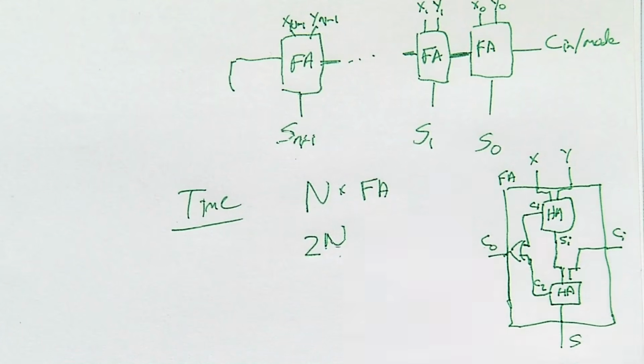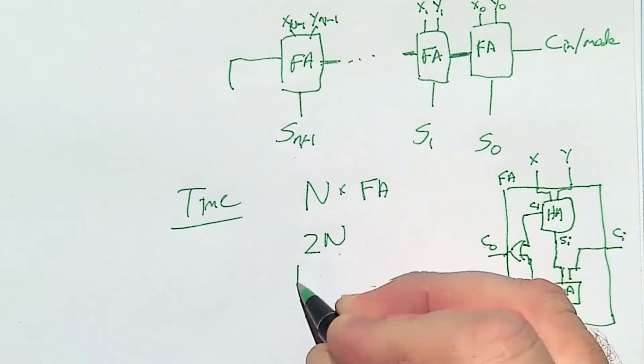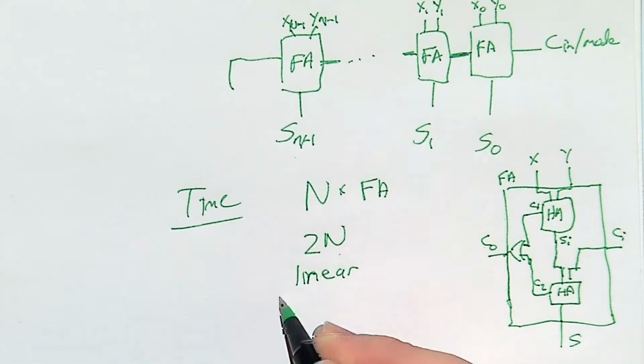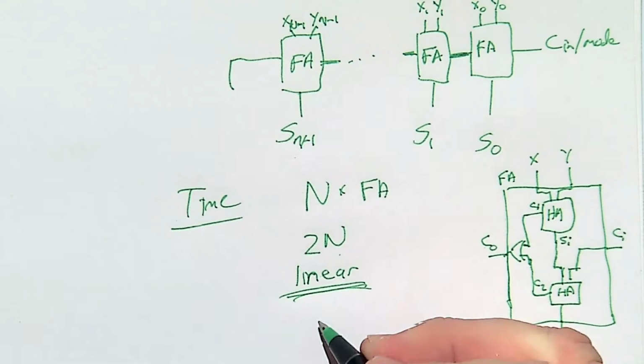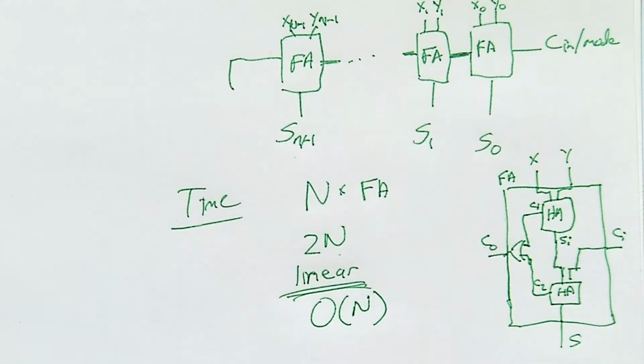So this 2n is linear in n, the number of bits. So it's linear in its complexity, which we will often write as big O of n. Right? Anybody know what big O means? Complexity term?